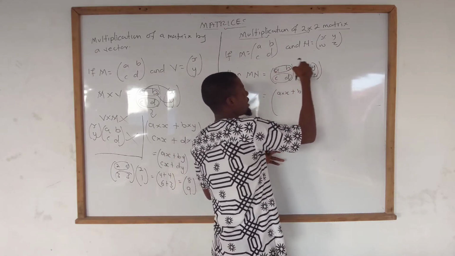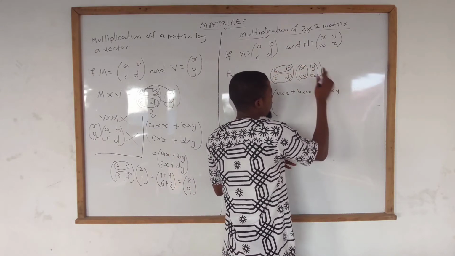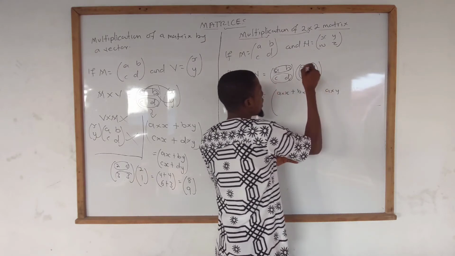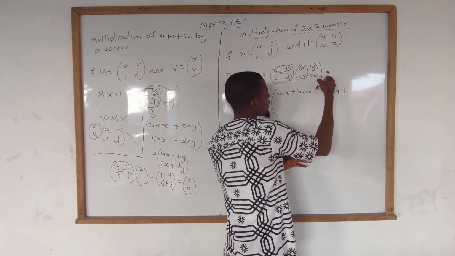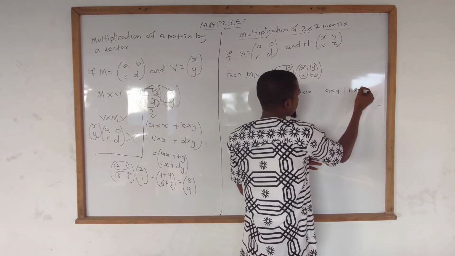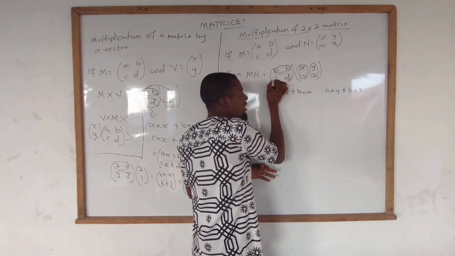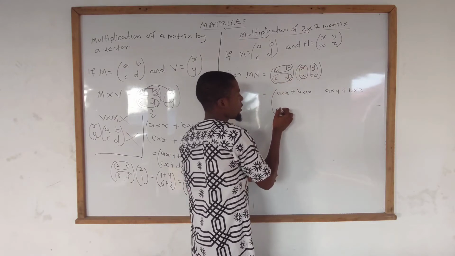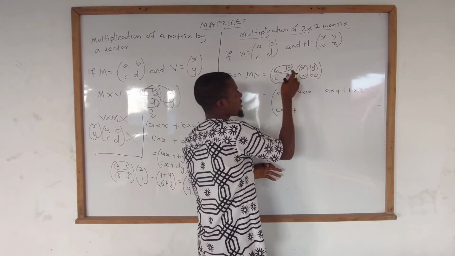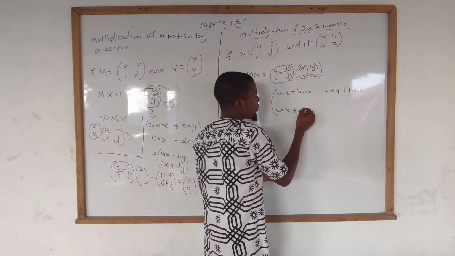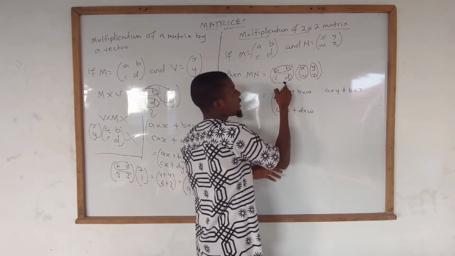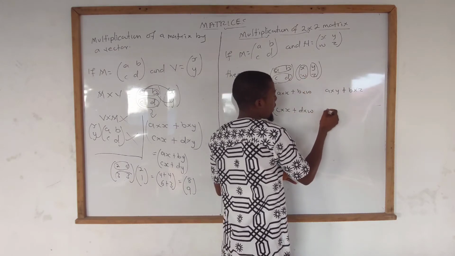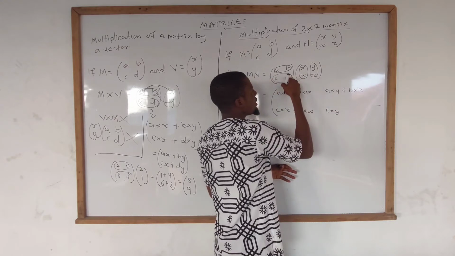This time A times Y, since this one is at this side, we bring it here, and then plus second times second, so B times Z. Then we take the down row too, so C times X plus D times W, and then I have C times Y plus D times Z.